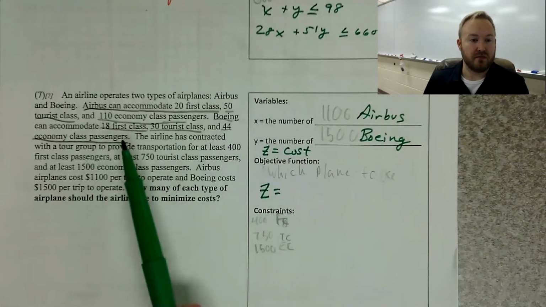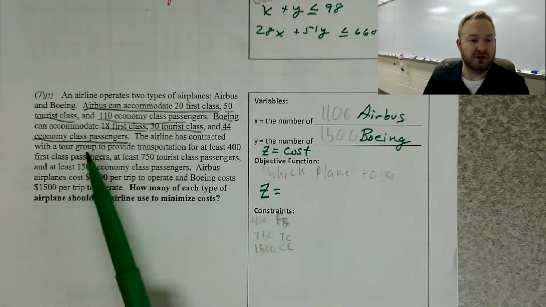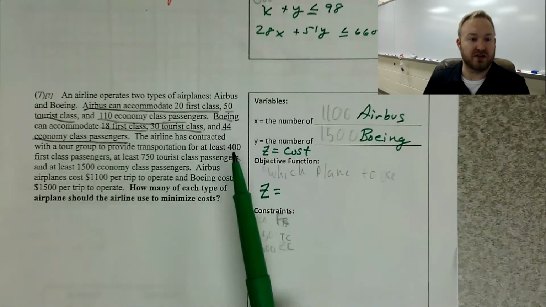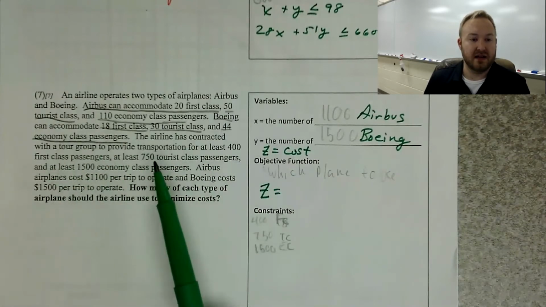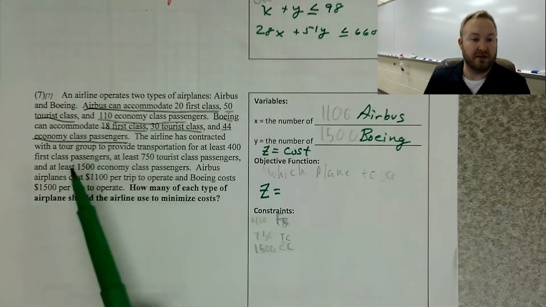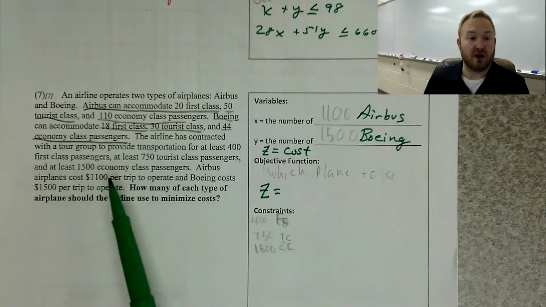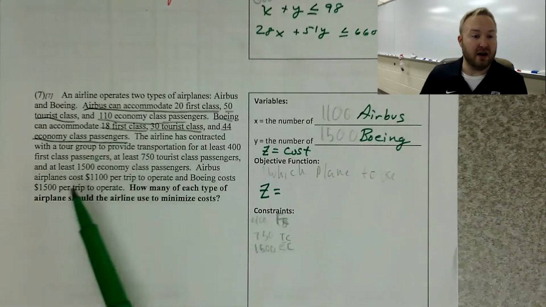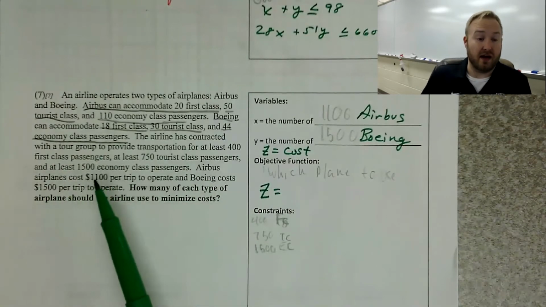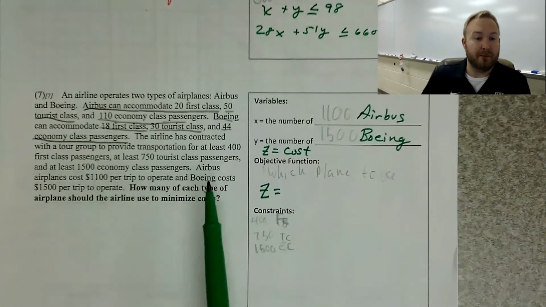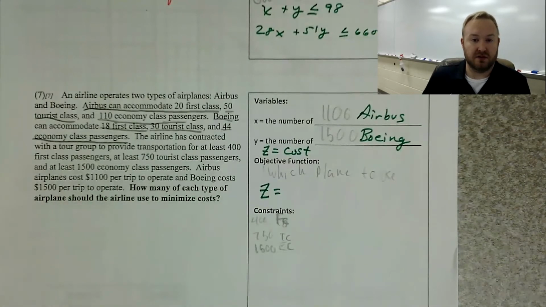It says the airline is contracted with a tour group to provide transportation for at least 400 first class. So we had more information about the different kinds of seats. And then finally, it gives us information about cost. Okay, here we go. Airbus planes cost $1,100 per trip, and Boeing costs $1,500 per trip.